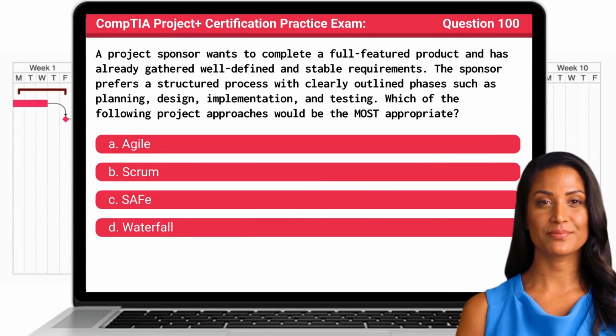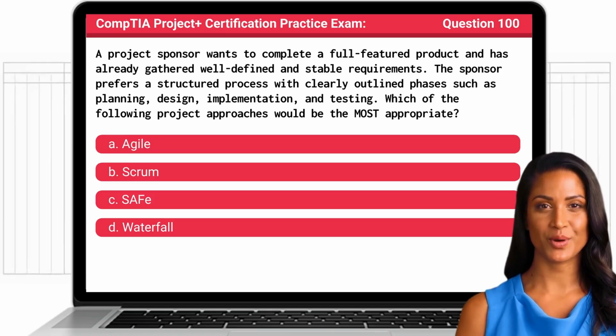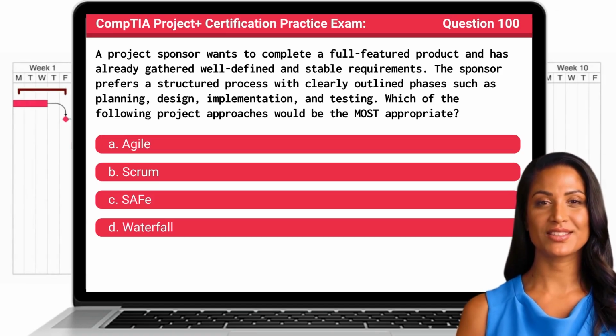Question 100. A project sponsor wants to complete a full-featured product and has already gathered well-defined and stable requirements. The sponsor prefers a structured process with clearly outlined phases such as planning, design, implementation, and testing. Which of the following project approaches would be the most appropriate?